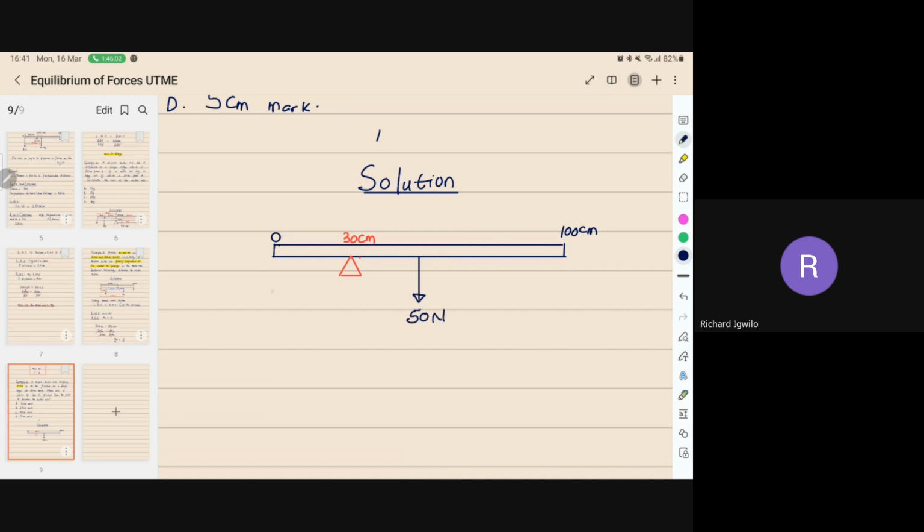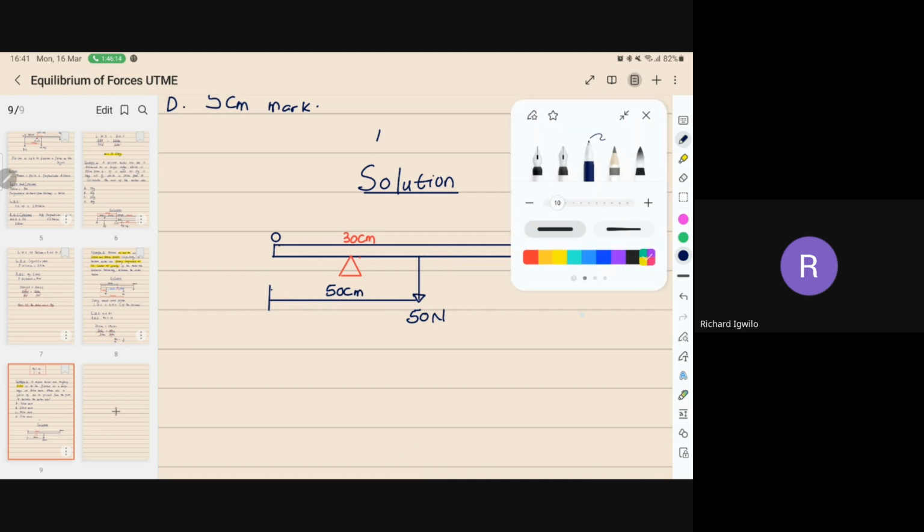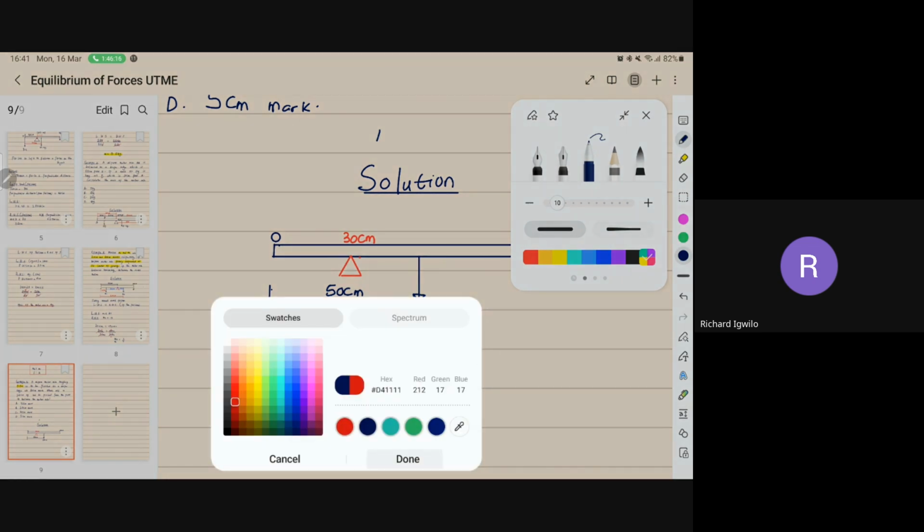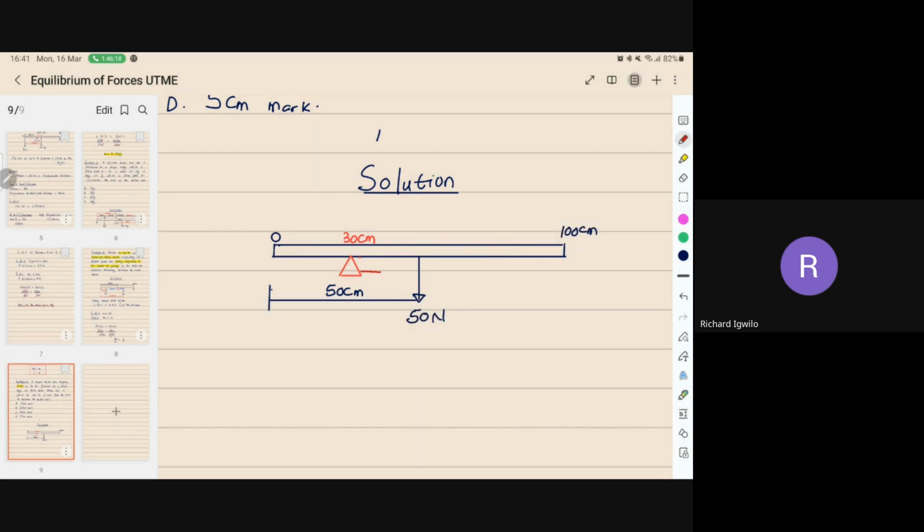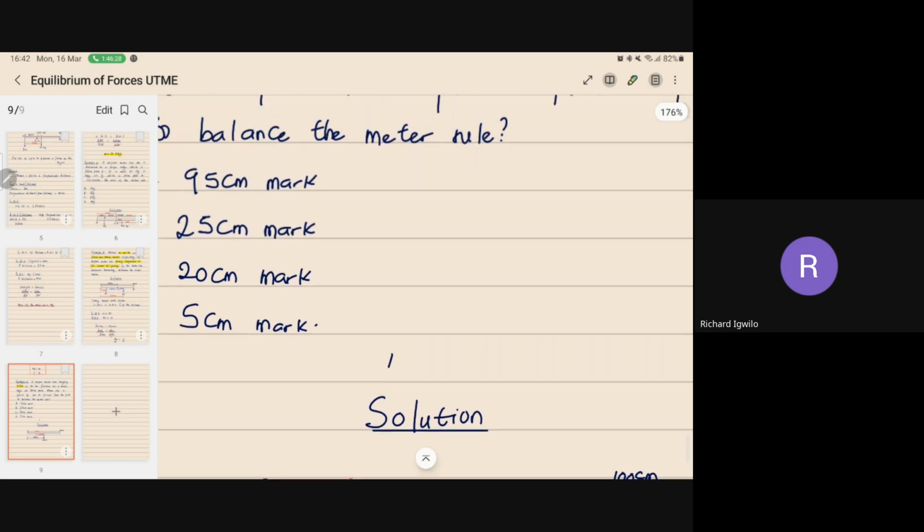And the distance from here through to that point should be 50 centimeter. And if it's 50 centimeter, it simply means the distance from here to here should be 20 centimeter. Isn't it, guys?